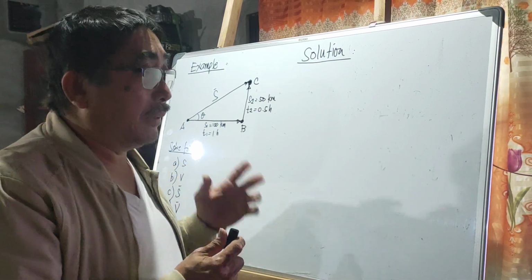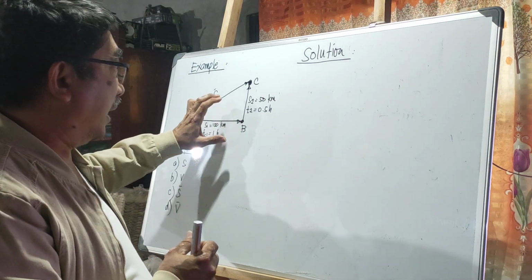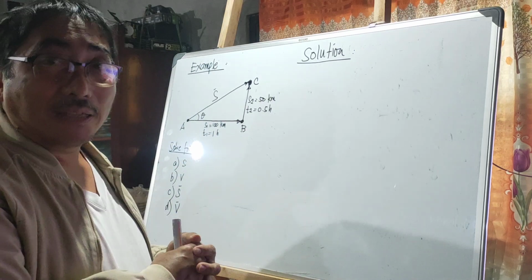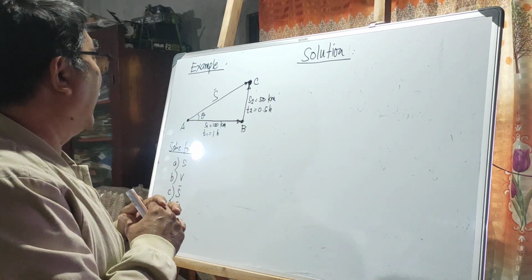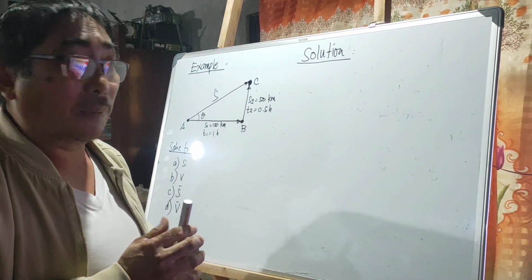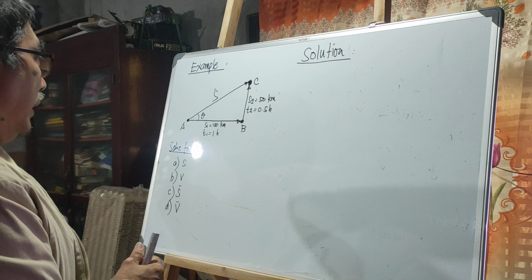Kaya mas maganda yung mabigyan ko kayo ng isang example problem na napakadali nating mabivisualize at mauunawaan kung ano talaga ang pagkakaiba ng speed, velocity, distance traveled, and displacement. Okay? So, let us try to analyze this problem.